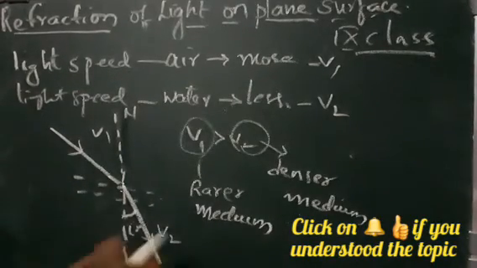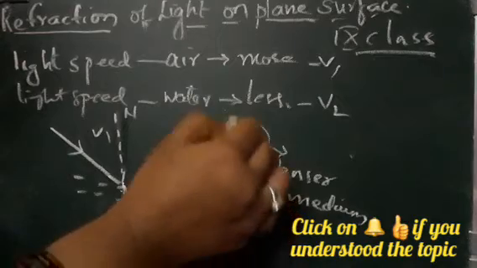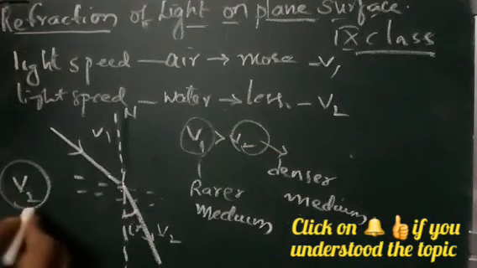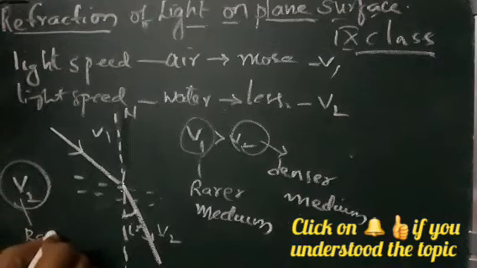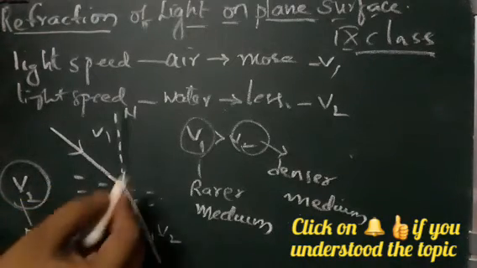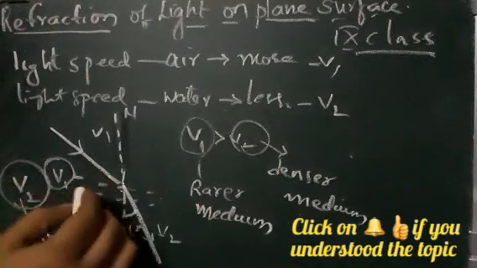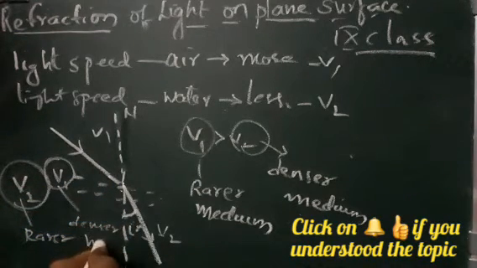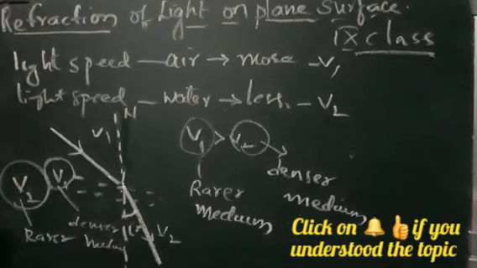If the speed of light is more in V2, suppose V2 has more speed, then you can call it the rarer medium. If V1 has less speed, then you can call it the denser medium, and vice versa.